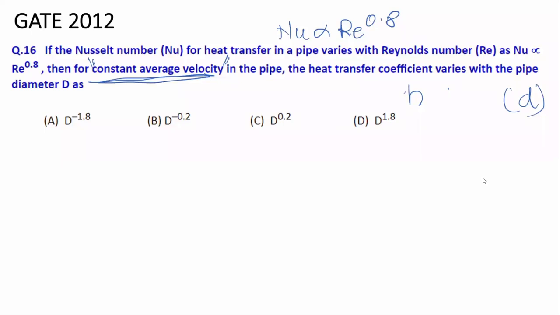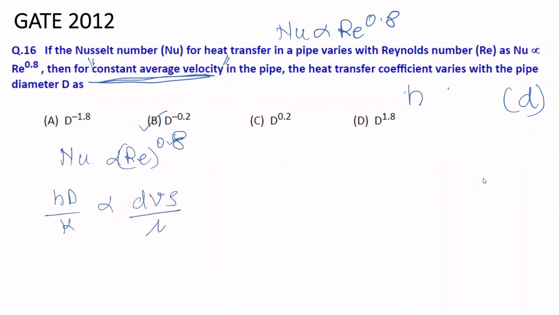Kudos to everyone who could find out the correct answer to be B. Let's discuss how. It has been said that Nusselt number is proportional to Reynolds number to the power 0.8. Nusselt number is hd by k, proportional to Reynolds number dv rho by mu to the power 0.8. We need to find out the relation between h and d.